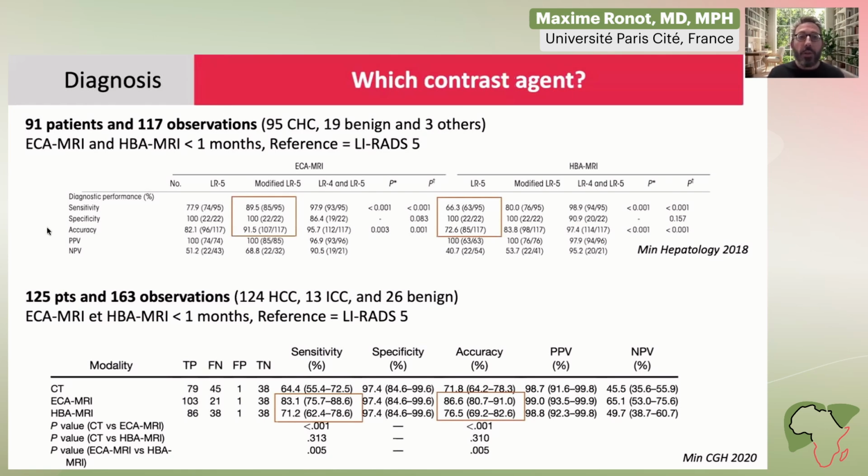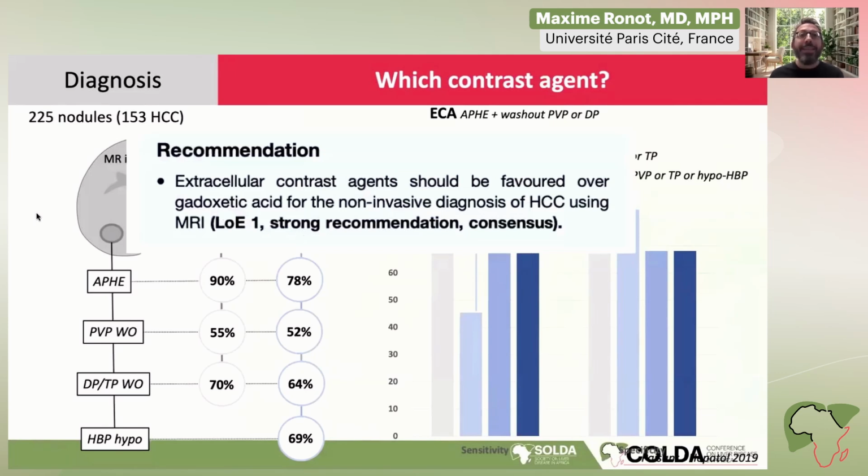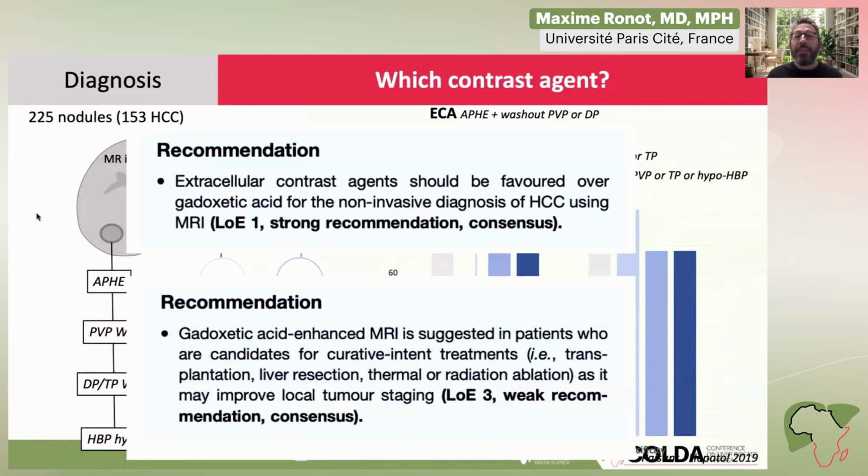These are two results coming from Korea, and we have a similar study coming from France showing that the non-invasive accuracy is better with extracellular contrast agents. So the CPG recommends using extracellular agents as first-line contrast if you use an MRI, but gadoxetic acid or liver-specific contrast agents may have an interesting role for the local staging of cancer.